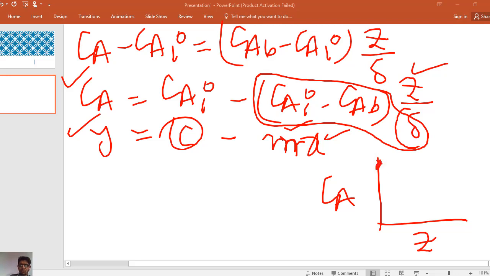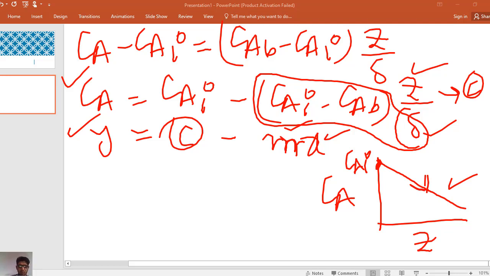So the slope of the line is negative. In this case the concentration decreases in the Z direction, which is shown by this equation, call it equation C: Ca equals Cai minus (Cai minus Cab) times Z divided by lambda.